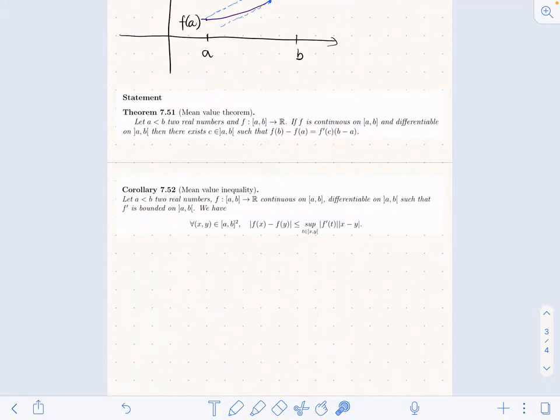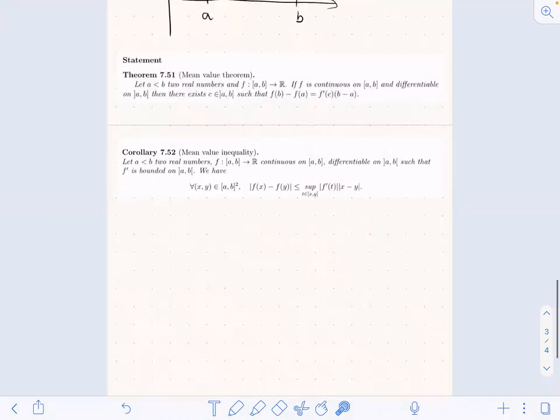If you put the absolute values, you've got the absolute value of this term equal to the absolute value of this term. Then you can compute the product of f prime of C times B minus A with absolute values, and you get the product of the two absolute values, and this absolute value will be bounded by this term here. So that's a nice inequality, and we can use it to prove some bounds.